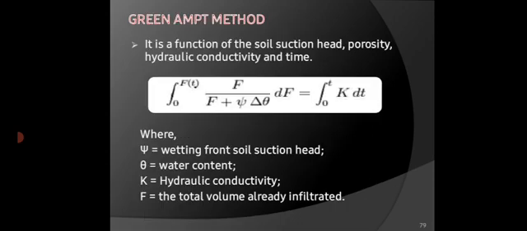Second equation is the Green-Ampt equation or method. It is a function of soil suction head, porosity, hydraulic conductivity, and time. The equation is the integration from 0 to F(t) of f divided by (f plus psi delta theta) df, equal to the integration from 0 to t of K dt, where psi is the wetting front soil suction head, theta is water content, K is hydraulic conductivity, and F is the total volume already infiltrated.